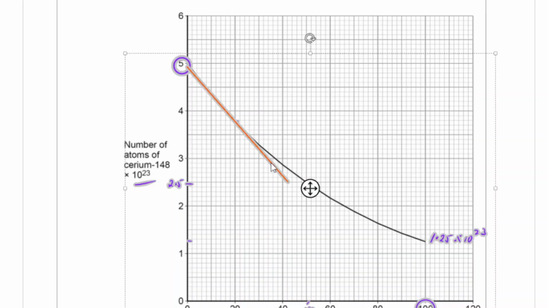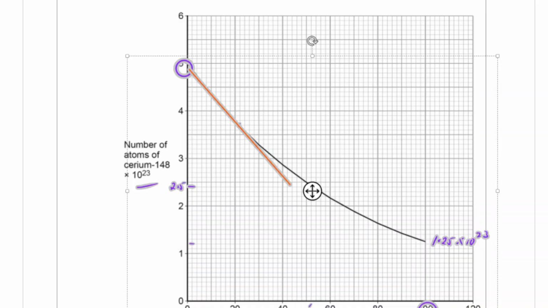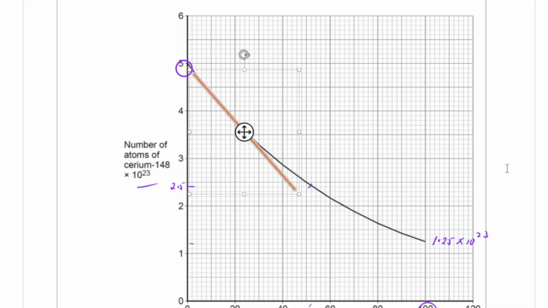Okay, so that's slightly off, which is fine.